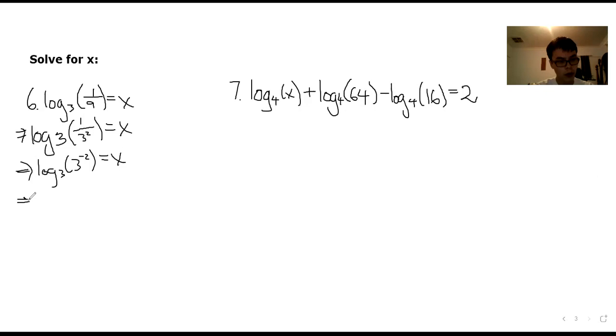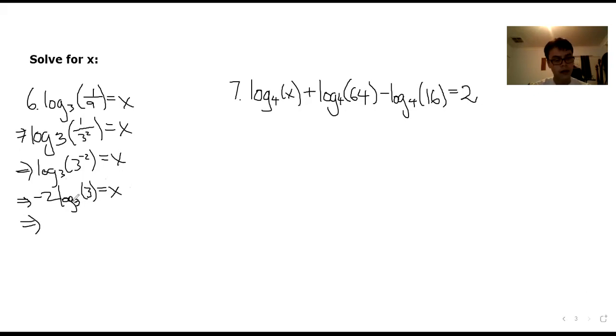And then we now use the third log law to bring this -2 over to this side. So we have -2 log 3 with base 3, and then we have x.